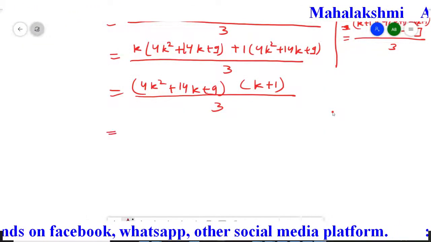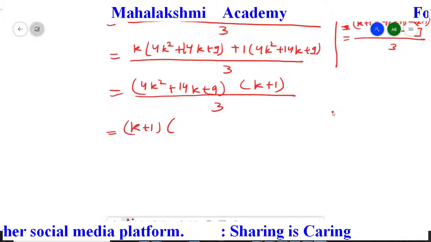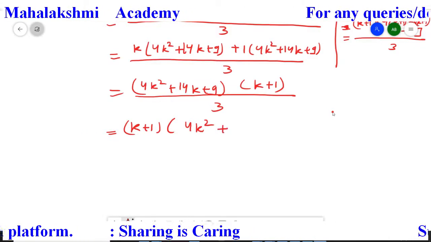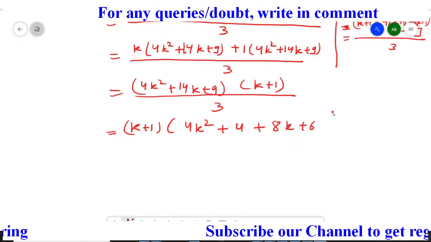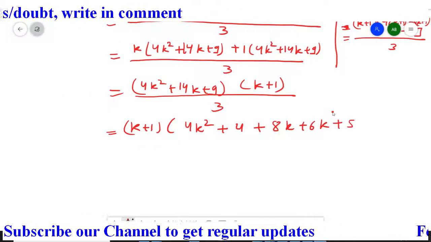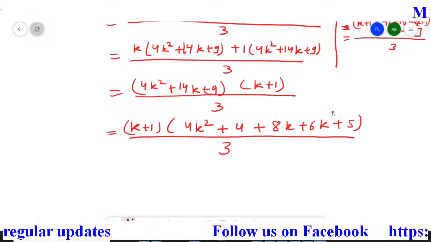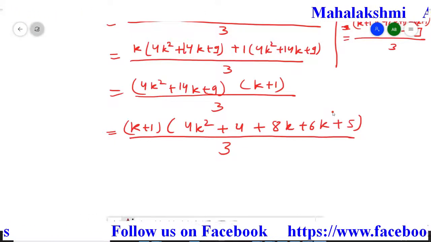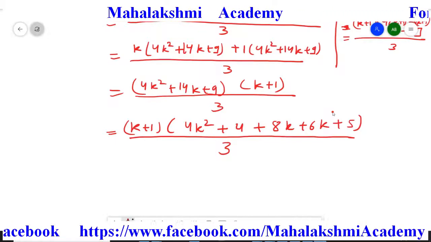I am just writing this k plus 1 in front, and in this bracket I am going to make changes like this: 4k square plus 4, then plus 8k plus 6k and plus 5, and divided by 3. So what I have done is, I have changed this 9 as 4 and 5 and this 14k as 8k and 6k.